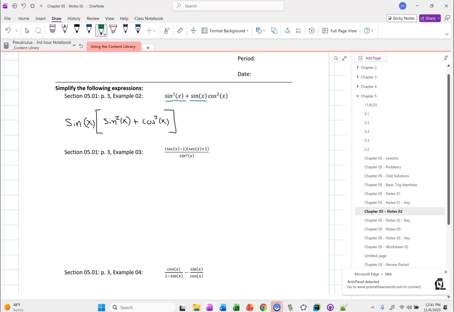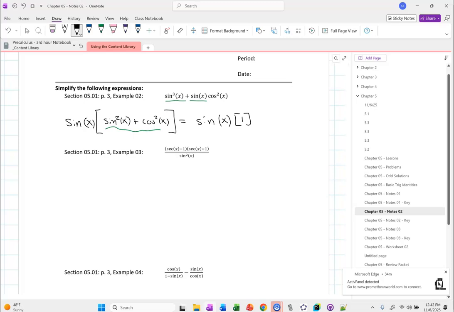I see that P1 says sine squared plus cosine squared is equal to 1. So what I can do is I can replace all of this with a 1. Ooh!